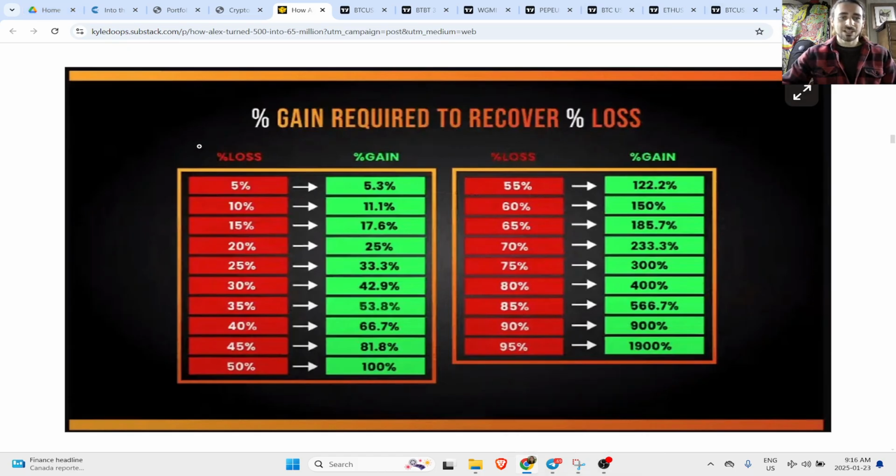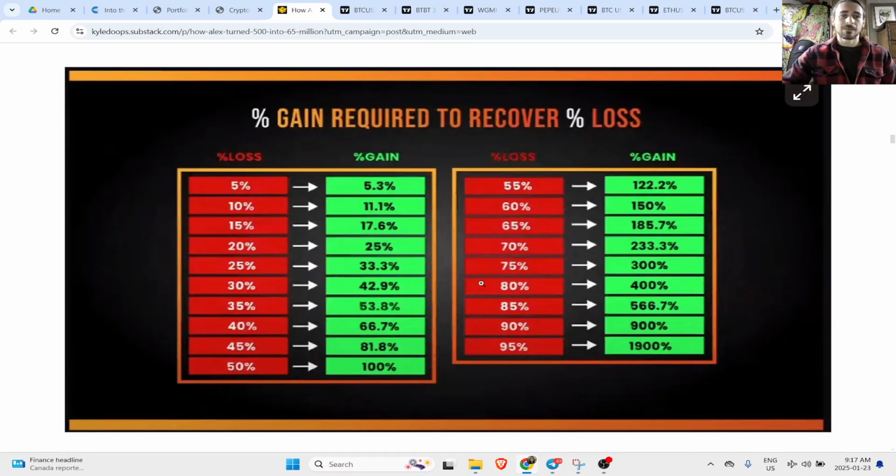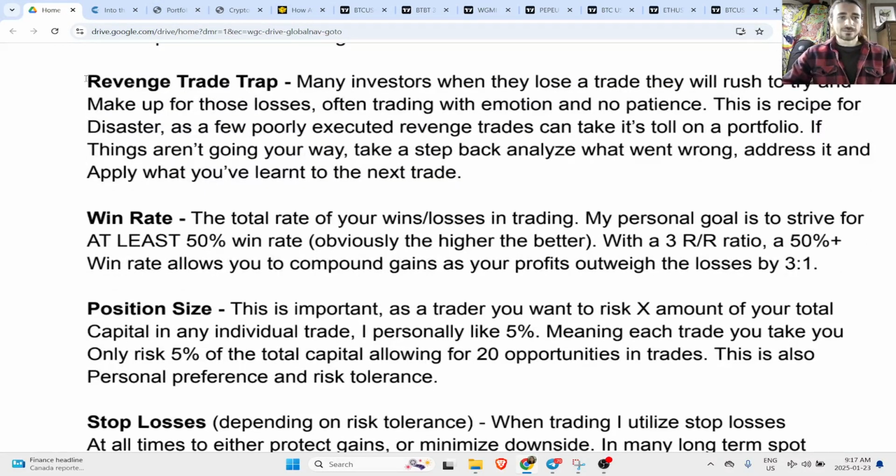We just want to make sure that we're not getting caught going down 50, 60, 70%, because we're going to need a lot of gains just to get back to where we were before. Sometimes it makes more sense to cut that trade, take a minimal loss, move on, and look at the next opportunity.